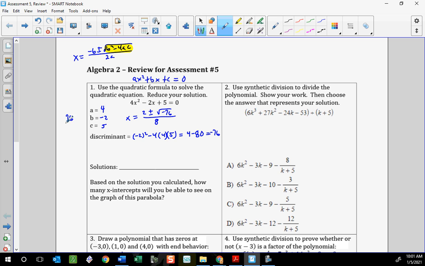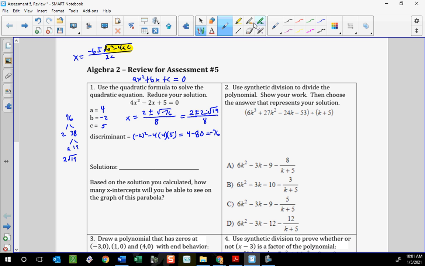So 76 is, let's see, 2 times 38. Right, and then 38 is really 2 times 19. So 76 is going to turn into 2 radical 19, and it has a negative, so it has an i. So I get 2 plus or minus 2i radical 19 all over 8, and make sure that bar comes all the way across there.